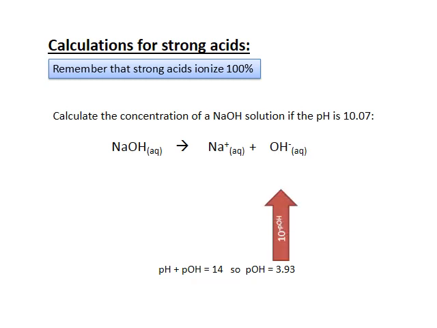If I take 10 to the minus pOH, I get the concentration of hydroxide ion. Recalling that this resulted from a 100% ionization of the sodium hydroxide, the original concentration of my sodium hydroxide solution would be 1.2 times 10 to the minus 4 moles per liter. So that's the basic process of going between concentration and pH.